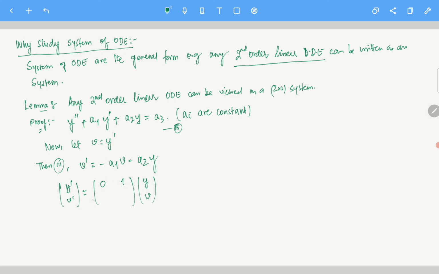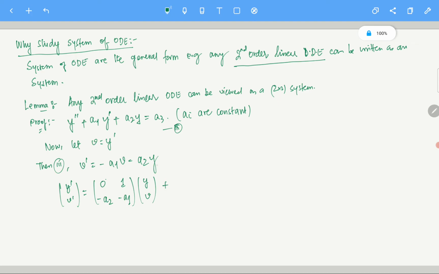And here, writing minus a2 and minus a1, v prime is minus a2 y minus a1 v. So that's a system, a 2 cross 2 system.